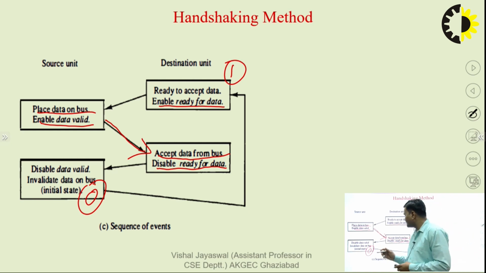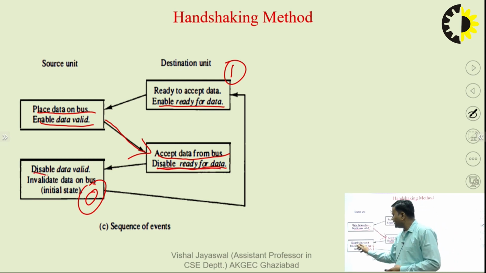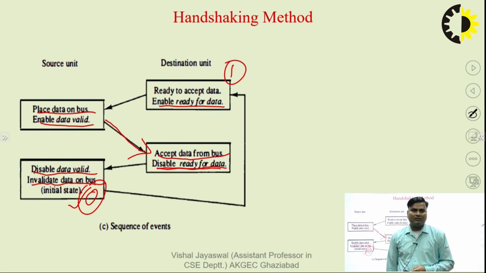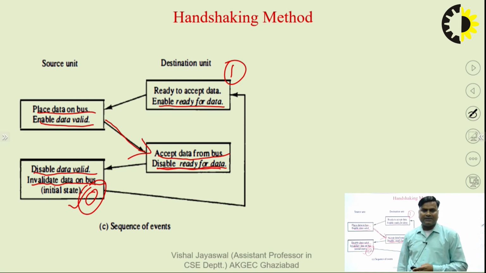And when the source sees that ready for data is disabled, then the source disables the data valid line, and this invalidates the data on the bus. This is the initial state. So we can say that there are two sub methods in handshaking. First one is source initiated and second one is destination initiated.